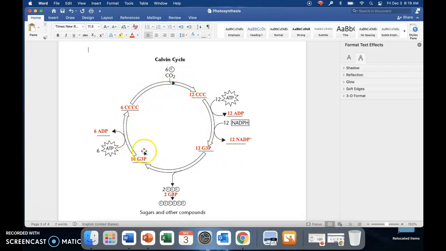This would be our regeneration. This is our generation part, our regeneration part, and this is the conversion of the phosphoglycerate into G3P. So step 1, step 2, step 3, step 4. Okay, those are your 4 steps in the Calvin cycle.